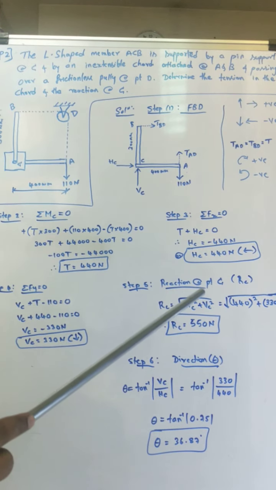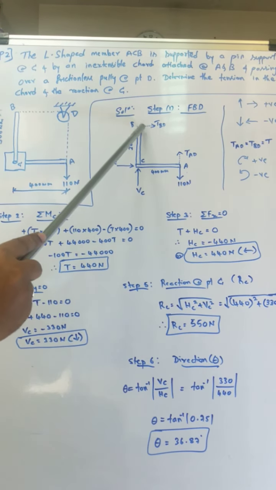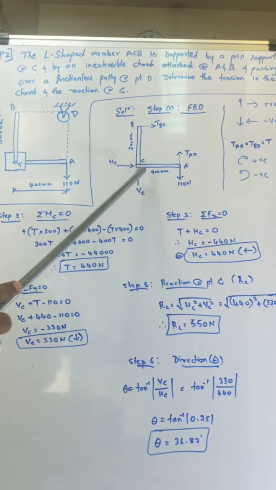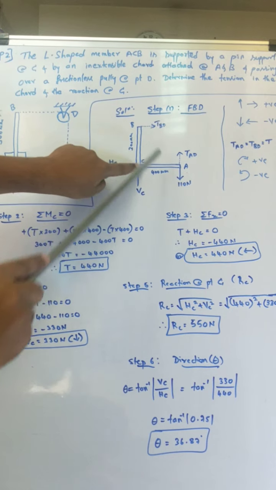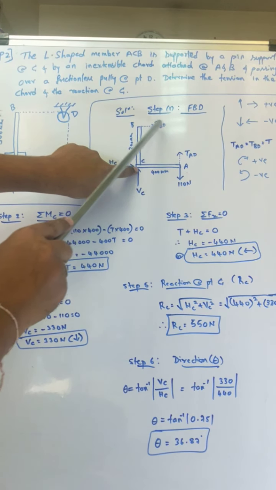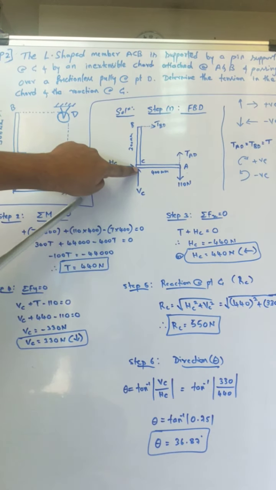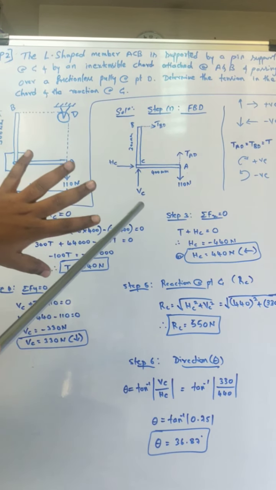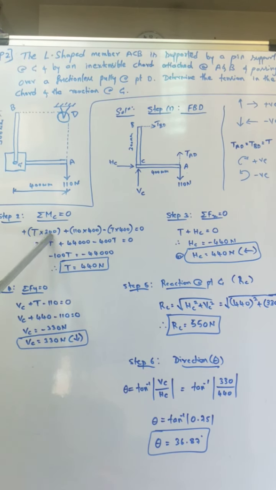Now the question is whether it is in the clockwise or anti-clockwise direction. You can see the moment center here and this is the force. If you fix this moment center, the arrow is going in the right direction, so it will rotate like this. That means this is clockwise direction. The sign convention is positive, that's why I have taken positive T into 300.